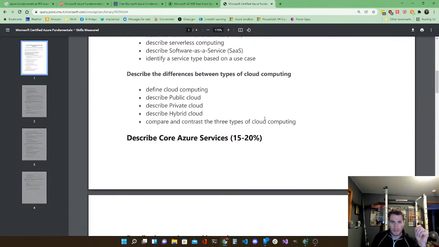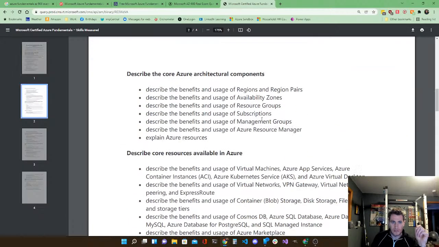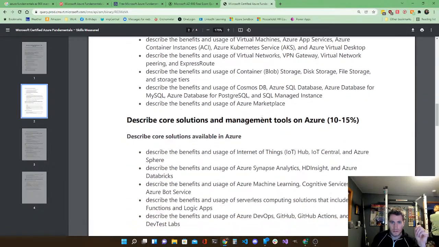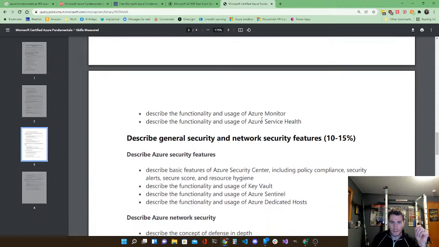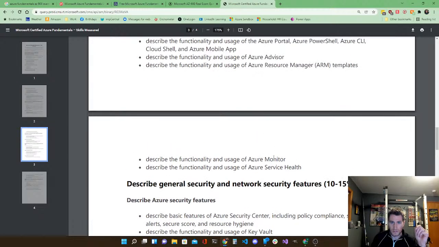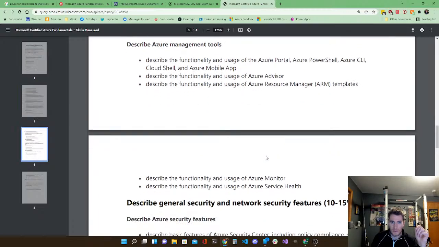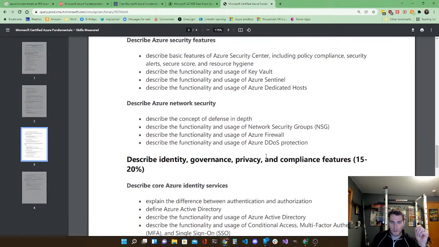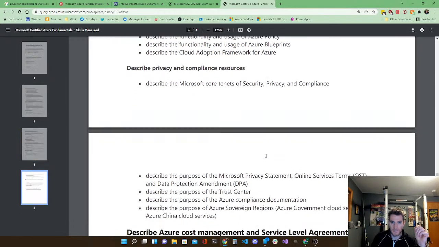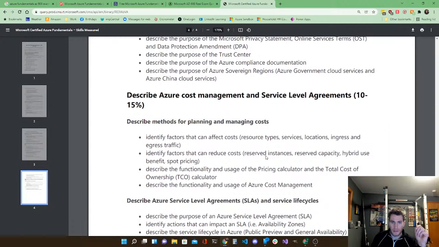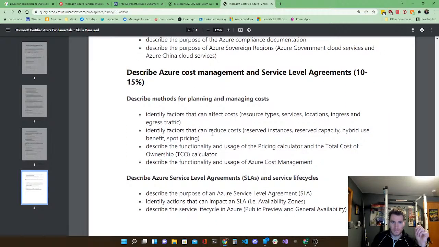Yeah, let's see here. Trying to find Azure Monitor, Azure Service. I don't think that we get into some of the different pricing models. Planning and managing costs. So I guess that you could say maybe it's part of some of this type of stuff here.